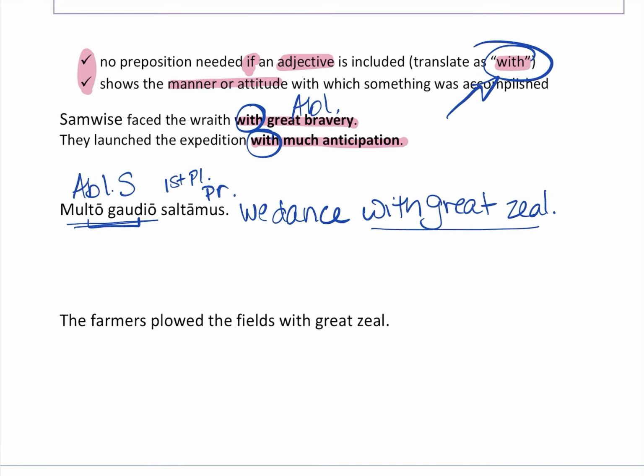All right. Let's take a look at English to Latin because you'll have to do some of these. The farmers plowed the fields with great zeal. We can already identify the with phrase right here, with great zeal. We already know that that's ablative and it is singular. So farmers are nominative and they're plural. They plowed. Here we have perfect again.